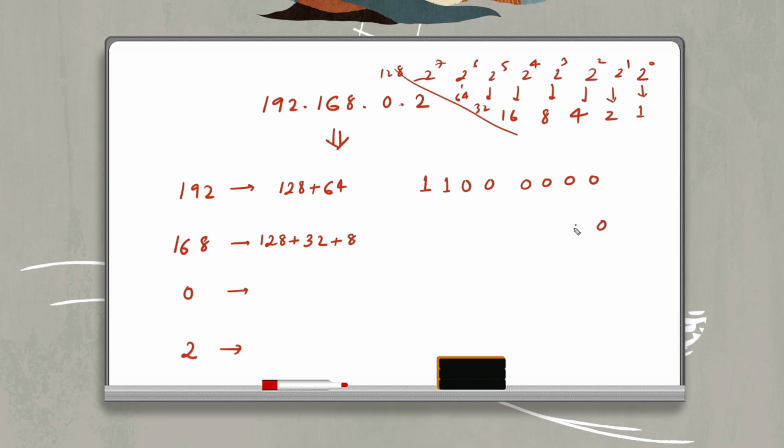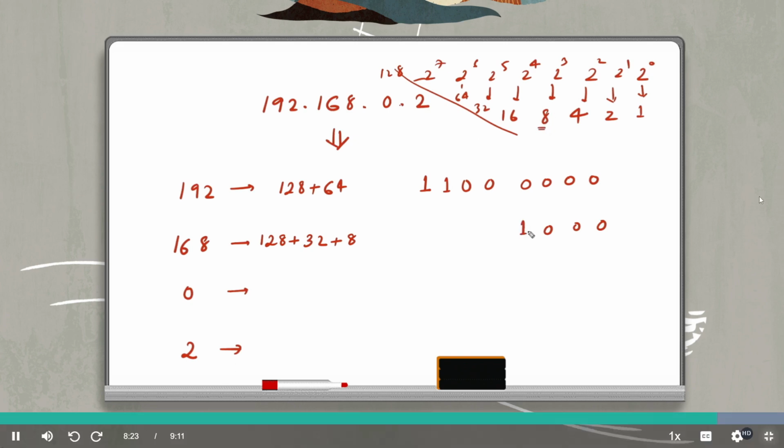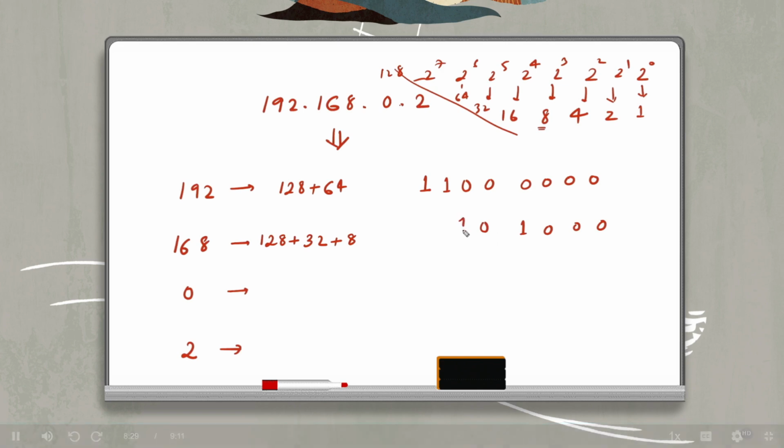So how is it going to work? 0, 0, 0, and because the fourth one is 8, we make it 1. 16 is not required, so 0. 32, again make it 1. 64 is not required, 0. And then 2 to the power 7, 128, you make it 1. So 128 plus 32 plus 8. Right? This is how it works.